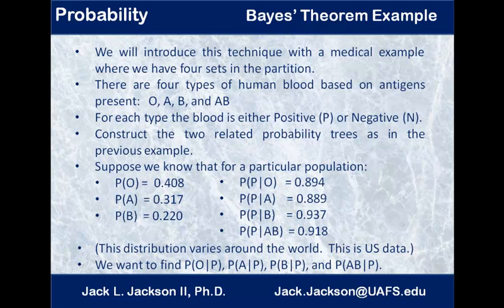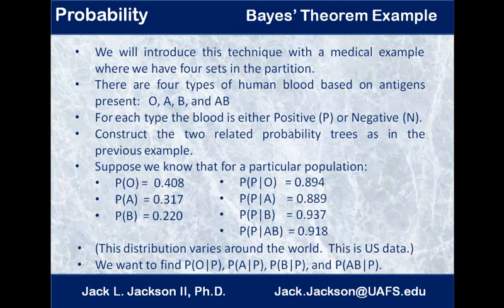So what if we want to find the probability of O given P, the probability of A given P, the probability of B given P, and the probability of AB given P? In other words, what if we know the blood type is positive? What's the probability that it's an O? Okay, we know it's positive. What's the probability it's A? We know the other direction, right? We already know that if it's an O type, the probability that it's positive is 89.4%.